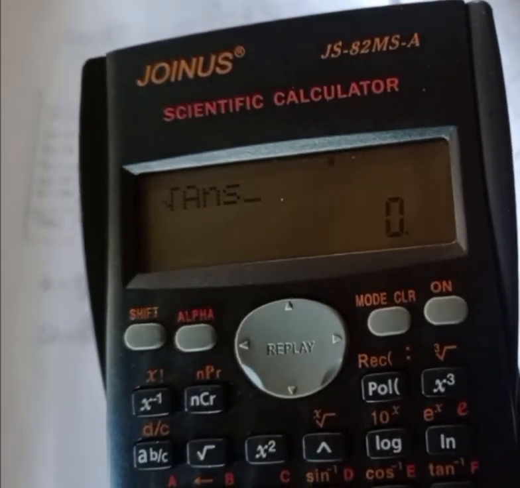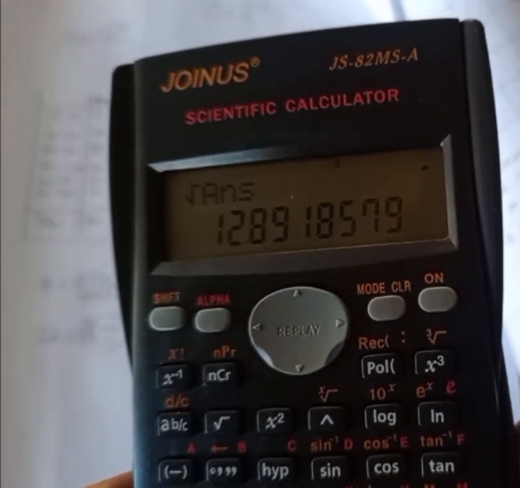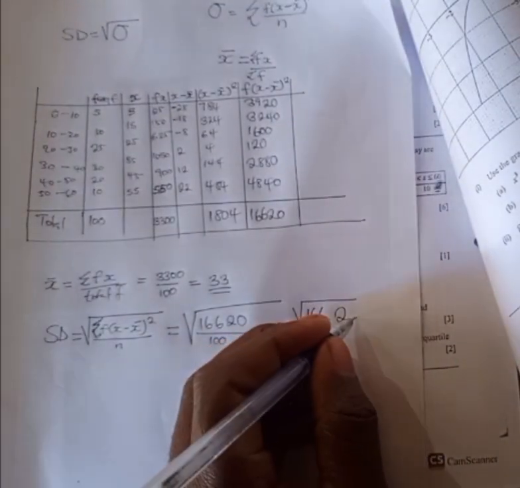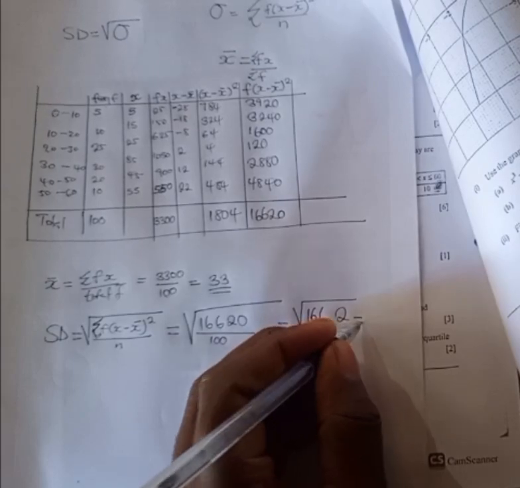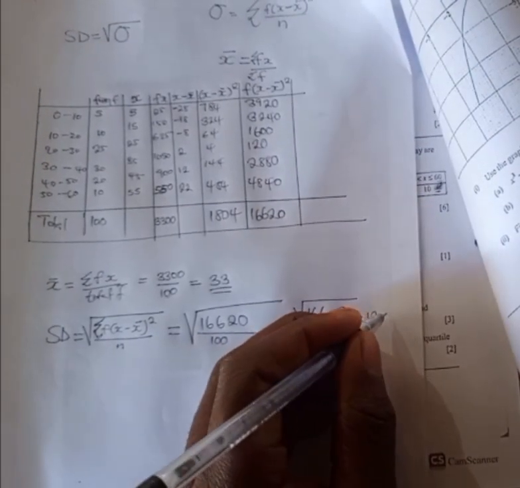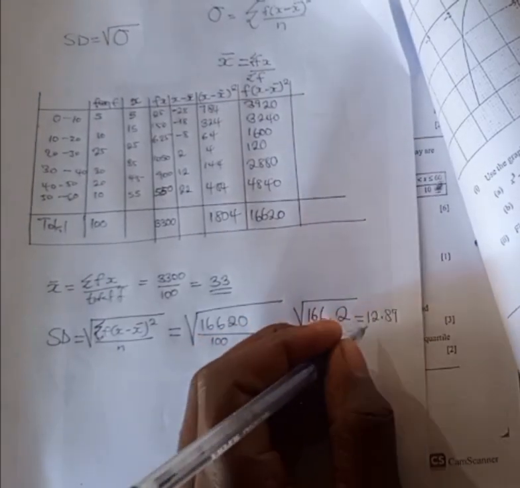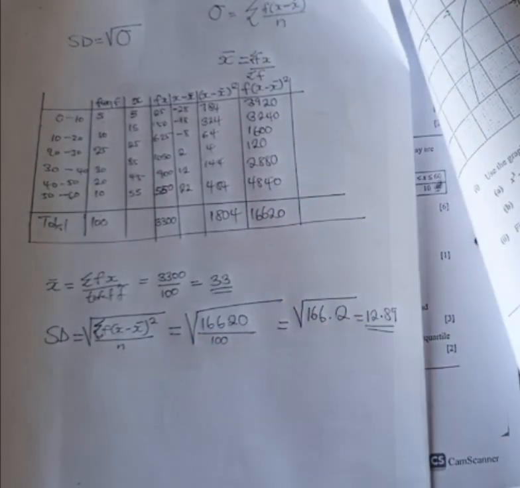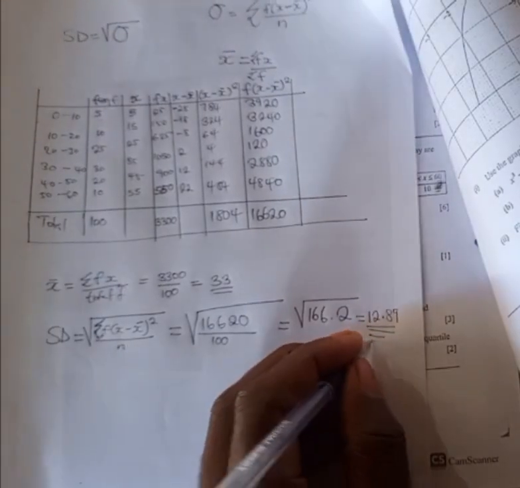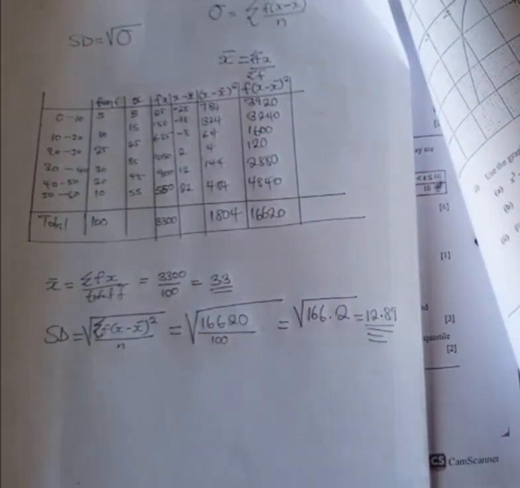Then you press equals, and the answer is 12.89. This is the standard deviation we have. We are going to work out the same question using the other way around.